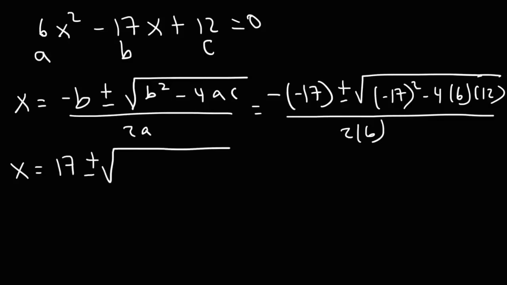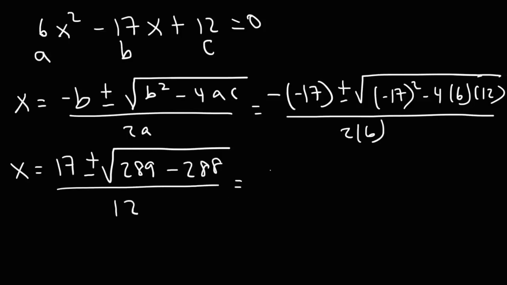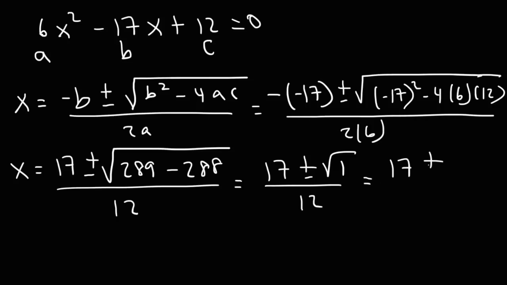Negative 17 squared is going to be positive 289. And then we have negative 4 times 6, which is negative 24, times 12. That's going to be negative 288. 2 times 6 is 12. And inside the square root symbol, we have 289 minus 288, which is the square root of 1. And the square root of 1 is 1.